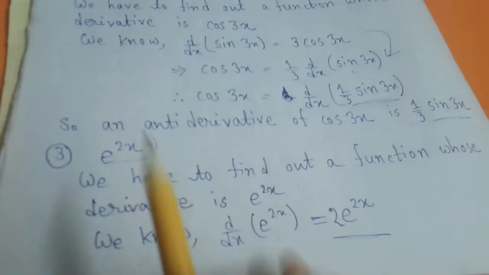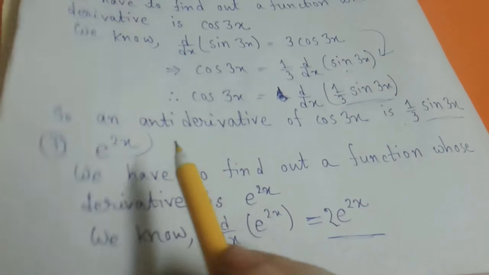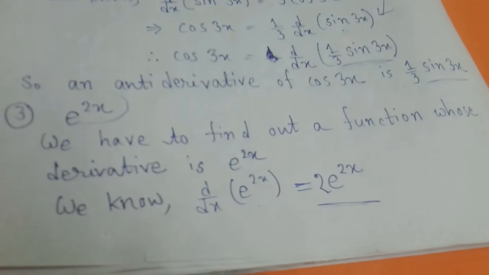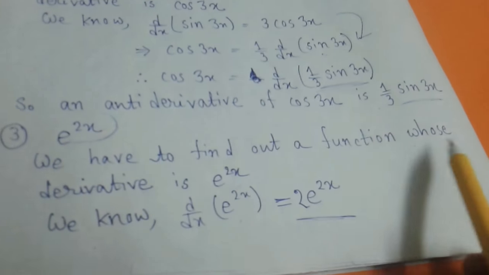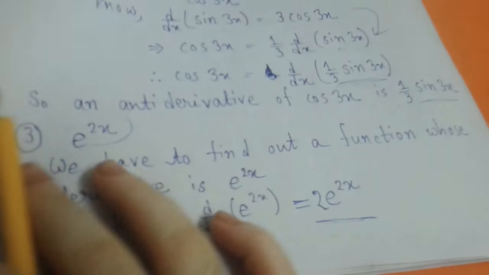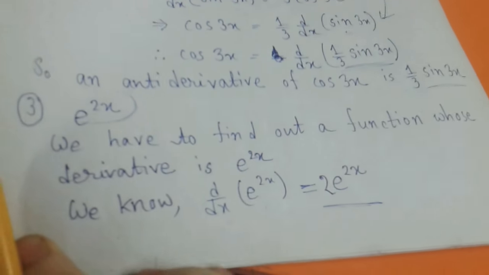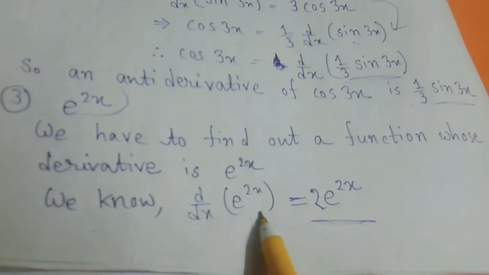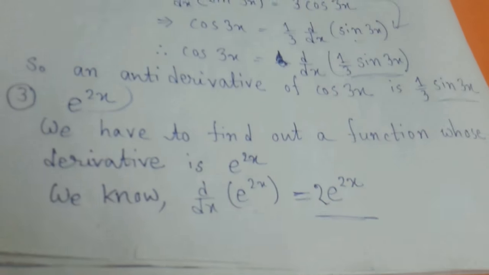Next, e to the power 2x. We have to find an antiderivative of e to the power 2x. So actually we have to find out a function whose derivative is e to the power 2x. Now, we know d/dx of e to the power 2x equals 2 into e to the power 2x.